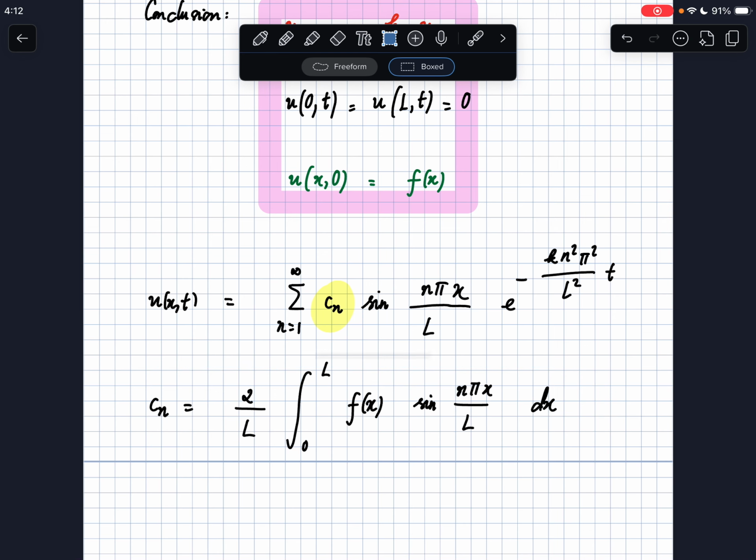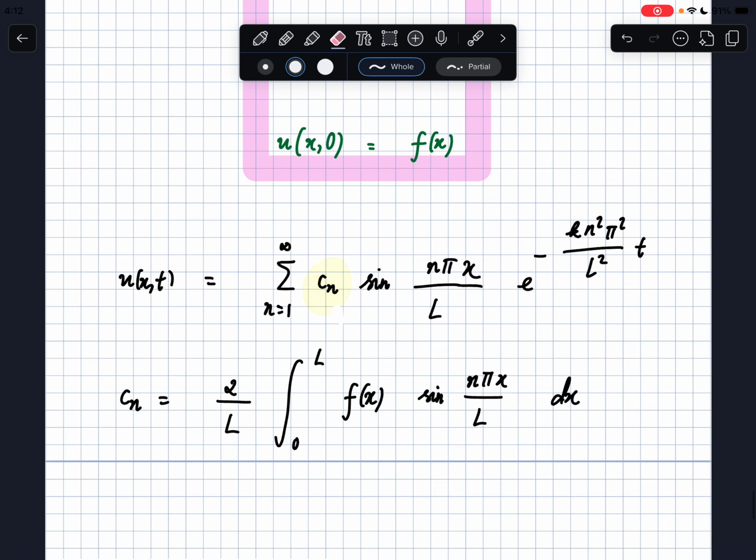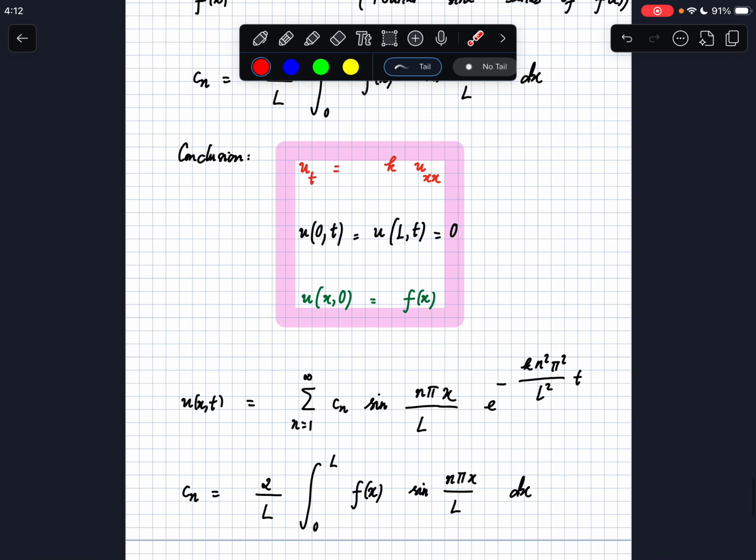And this is how we derive the formula of the solution of this heat equation.